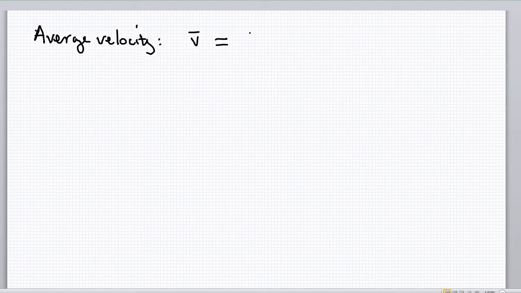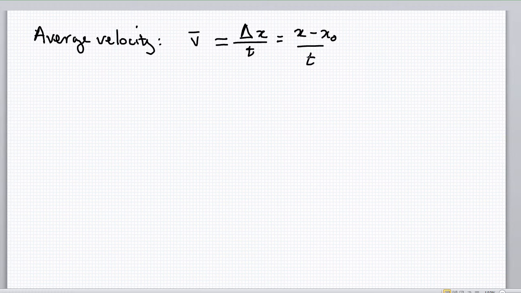One is delta x over t, which is the same as x minus x naught over t. And the other way it can be written is as v, your final velocity, plus the initial velocity, over 2.